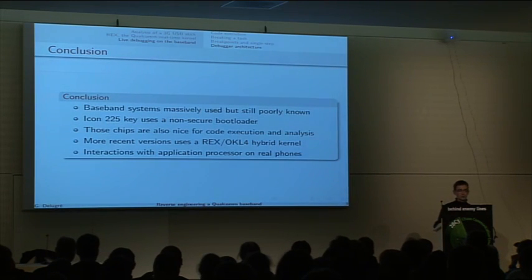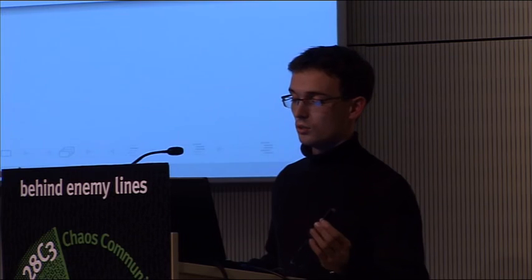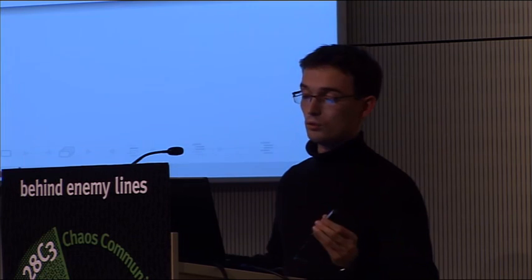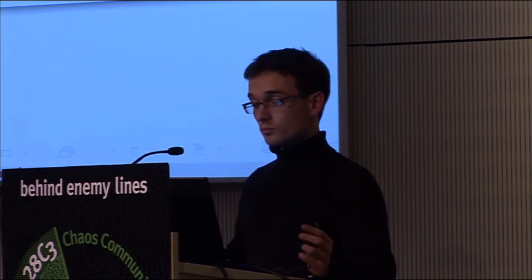The nice thing about the Icon 225 is that it uses a non-secure bootloader, so you can easily reflash it if you know what you're doing. There is also easy code execution achievable, so it's nice for reverse engineering.